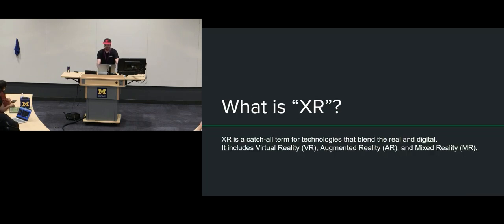But we'll get started. I'm not going to bore you guys with a whole bunch of boilerplate, but for anyone who still doesn't know what XR stands for, I know we get a lot of different definitions. This is from Google Gemini after reviewing a few different definitions, what we came up with. XR is a catch-all term for technologies that blend the real and the digital, and it includes virtual reality, augmented reality, and mixed reality on a spectrum.